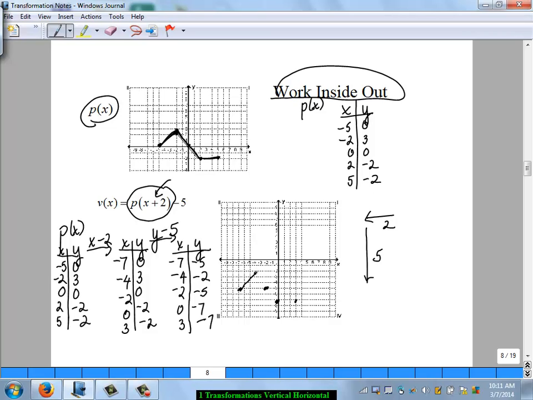So when I connect them all, doesn't it look like I took this, shoved it over here, and dropped it down? That's where it should be. So you just did both transformations all at once. Okay? So this is a horizontal shift to the left, and this was a vertical shift down.